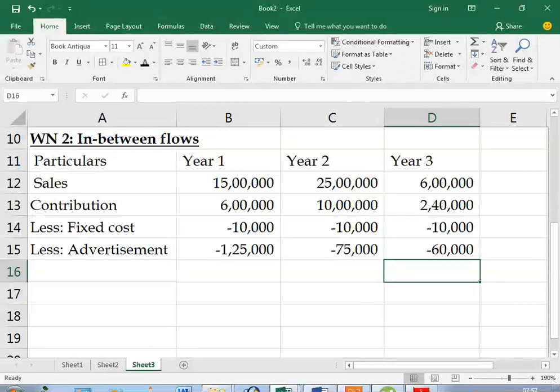There are different schools of thought. Some authors say why take it in year 1, take it in year 0 itself, because in India you have a lot of advance tax provision, which means whenever you spend something, you immediately get the benefit, because you pay lower advance tax. But the institute most of the time does not agree to this, and keeps it in the year it is written. So advertisement is written here. I'm going to do an adjustment on advertisement in some time. So less advertisement.